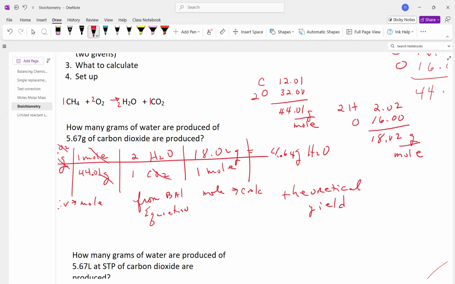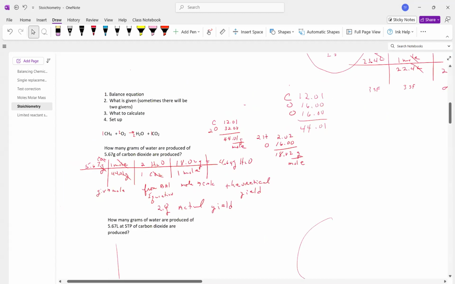But what if we got 2.0 grams actual yield? We should have got 4.64, assuming our lab technique was perfect, which it never is, regardless of who's doing it.